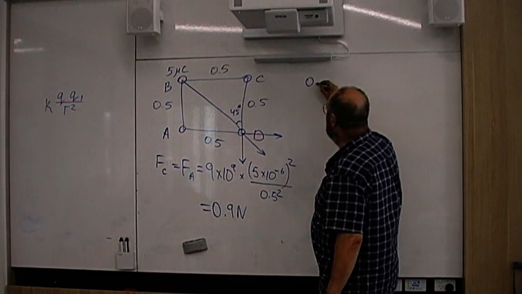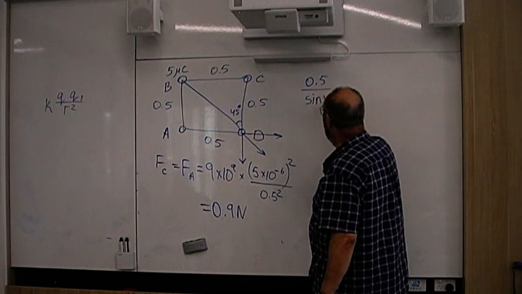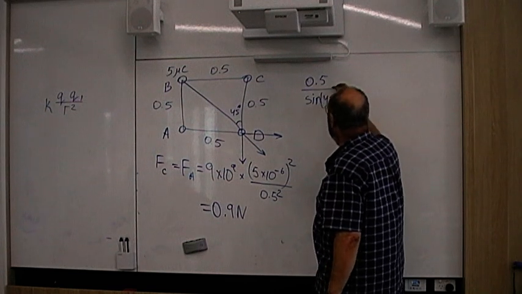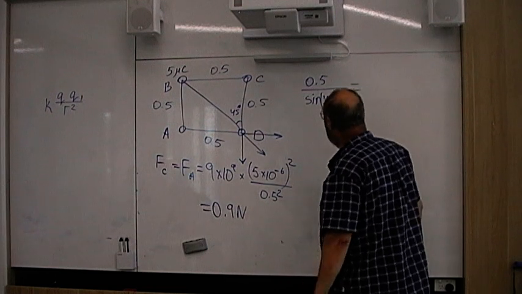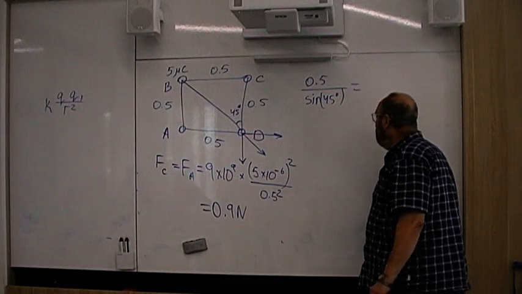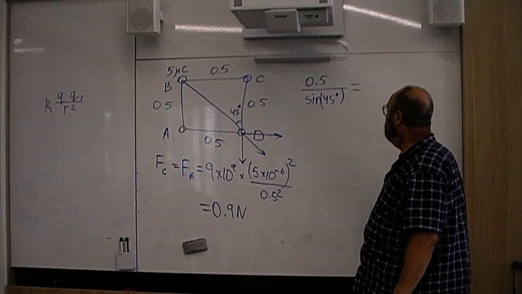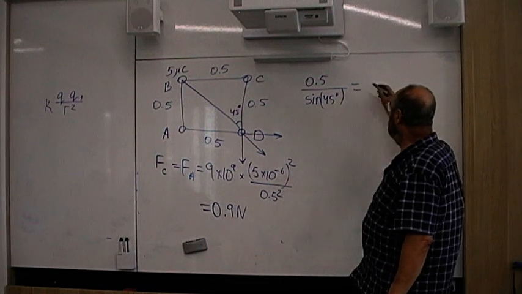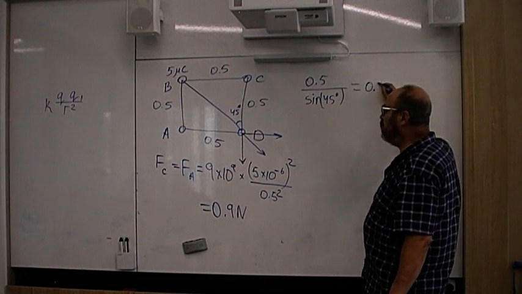So we need to divide 0.5 by sine 45 degrees or cosine, which is the same, which becomes 1 over root 2, about 0.71, I think. Can you check?